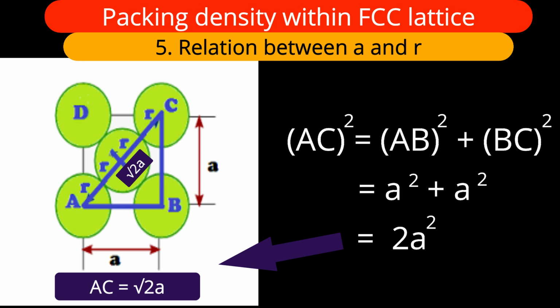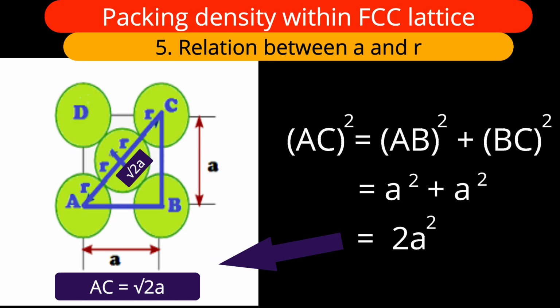By Pythagoras theorem, the square of the hypotenuse of a right angle triangle, meaning AC square, is equal to the summation of squares of the other sides which make the right angle triangle, means AC square is equal to AB square plus BC square. What is AB? a. What is BC? a.